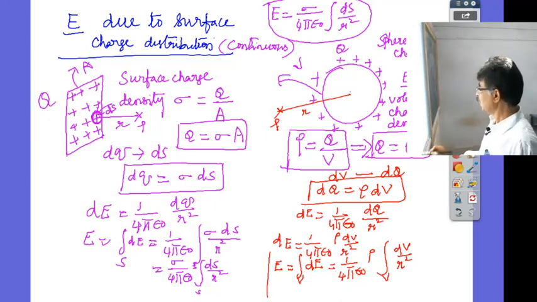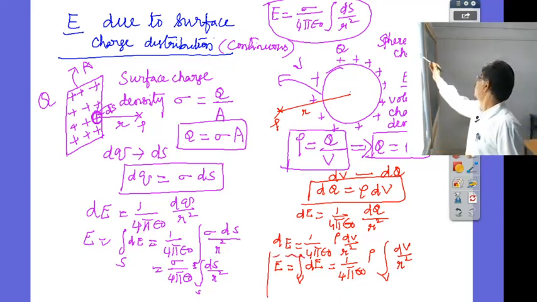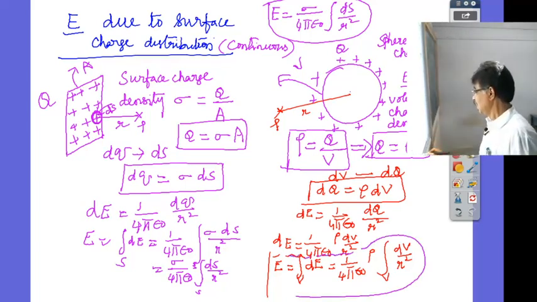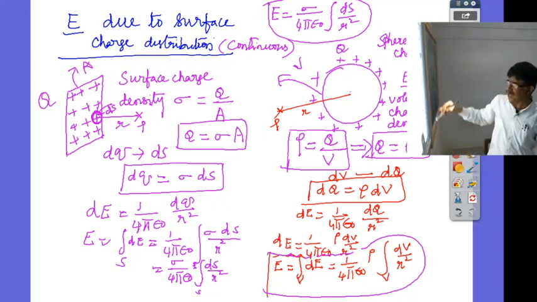Okay, so you got the expression for the electric field intensity because of a sphere of charge.